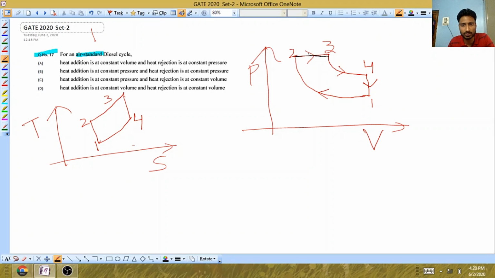Heat is added during this process, and we can see that it is happening at constant pressure. Then from 3 to 4, it's a reversible adiabatic expansion. And then 4 to 1 is the heat rejection.